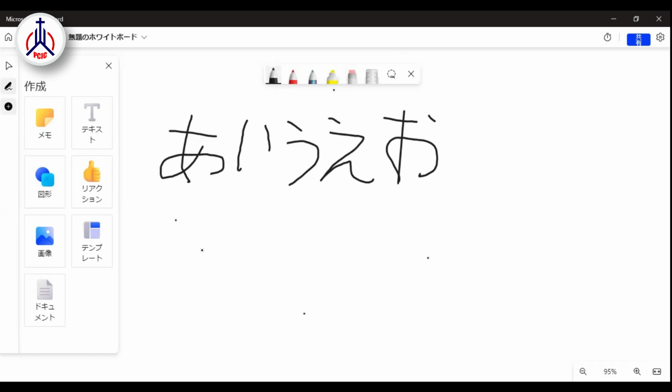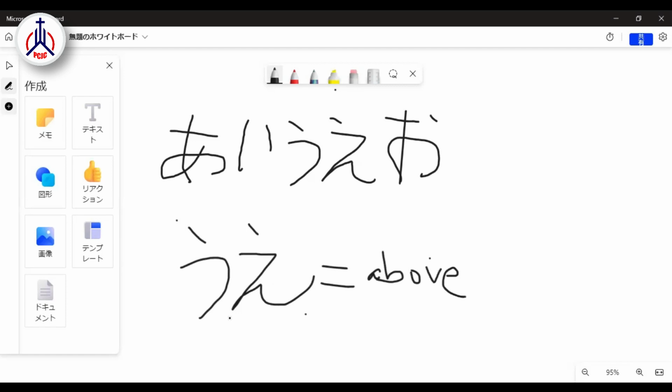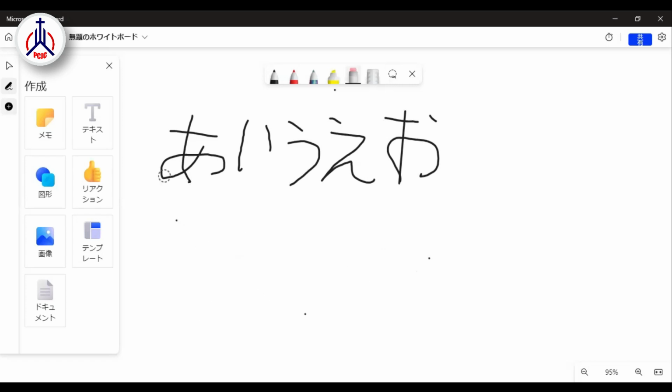Ooi. And ue. Ue. That's all the words I know from the vowels, including the five. We already know ai, love. Au means to meet. Ue means above. Aoi means blue. Ooi means a lot, many things.